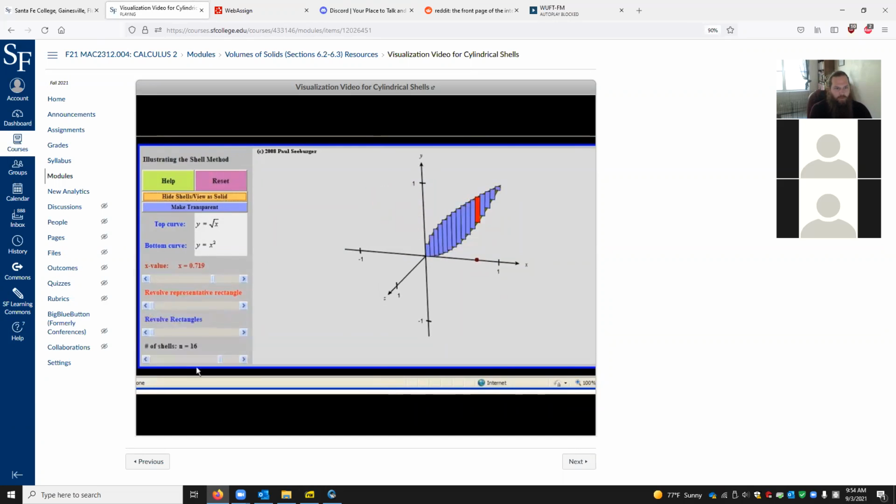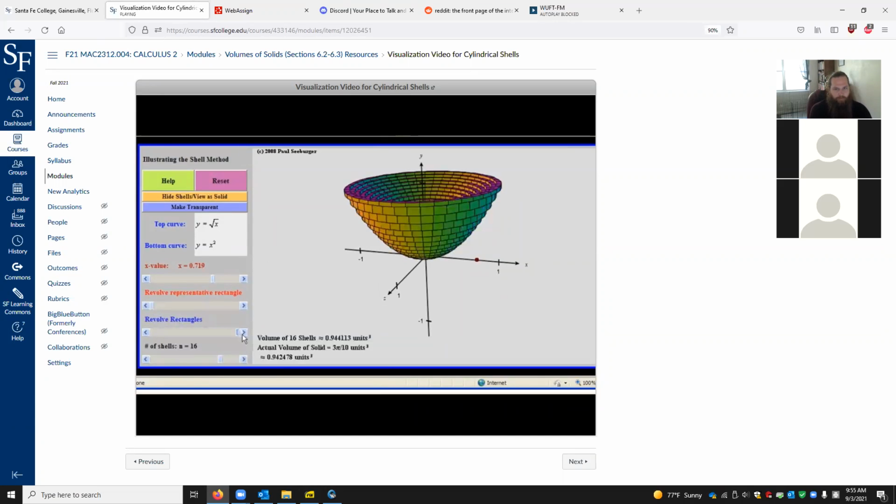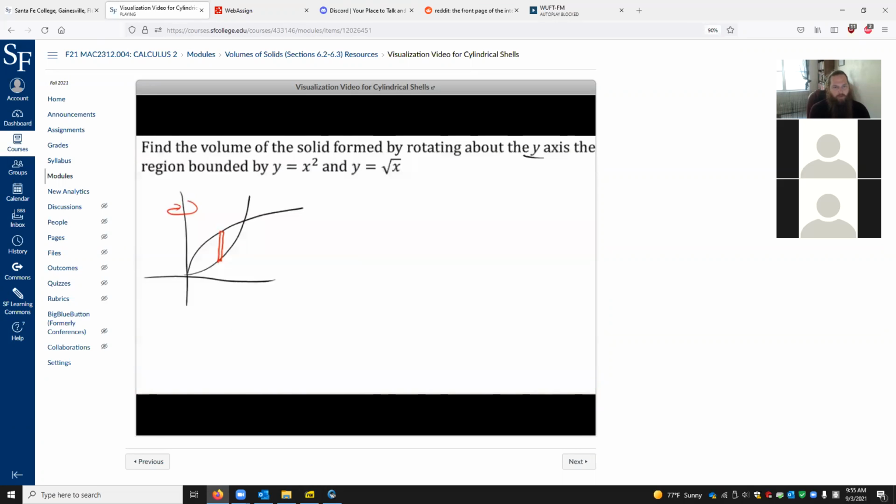If you look at a bunch of strips, what the integral does is it does that with an infinite number of very, very thin little shells. And that's it. That's how you get your volume.